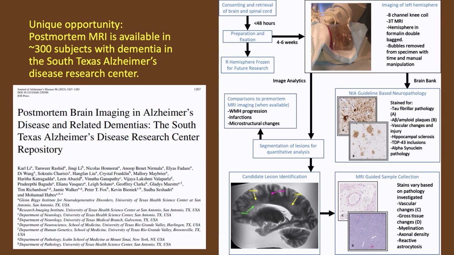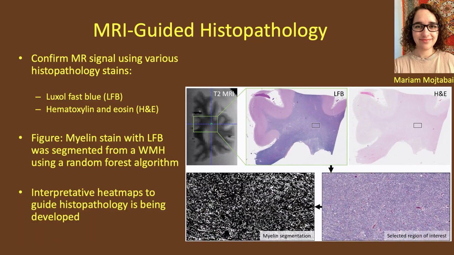We are able to identify abnormalities on those post-mortem MR scans and then guide the sample collection for additional histopathology evaluation. And this is Mariam Mojtabai, a PhD student in my lab, who is working on MR-guided histopathology.